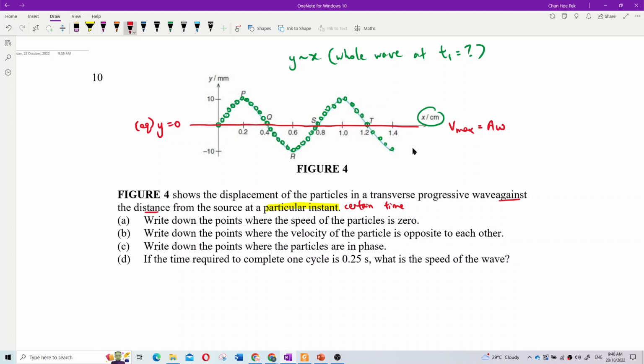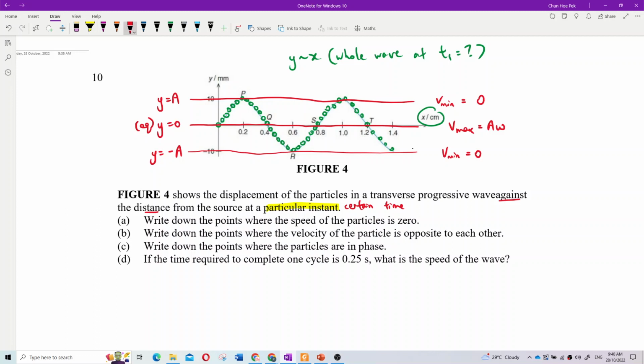Where y equals amplitude, velocity is minimum, 0. Where y equals negative amplitude, velocity also becomes minimum, 0.